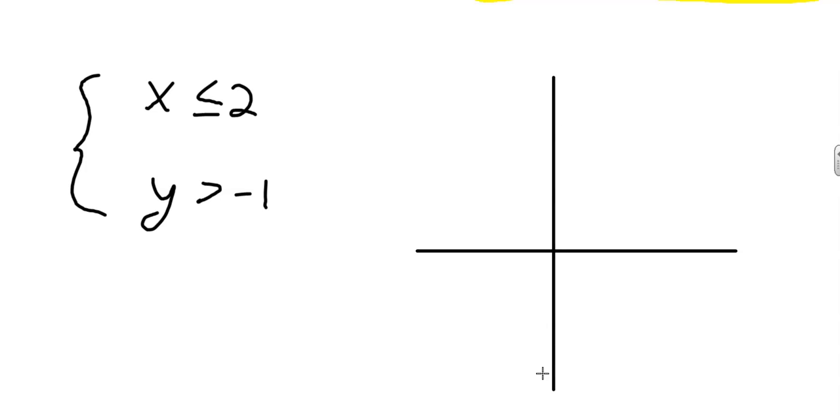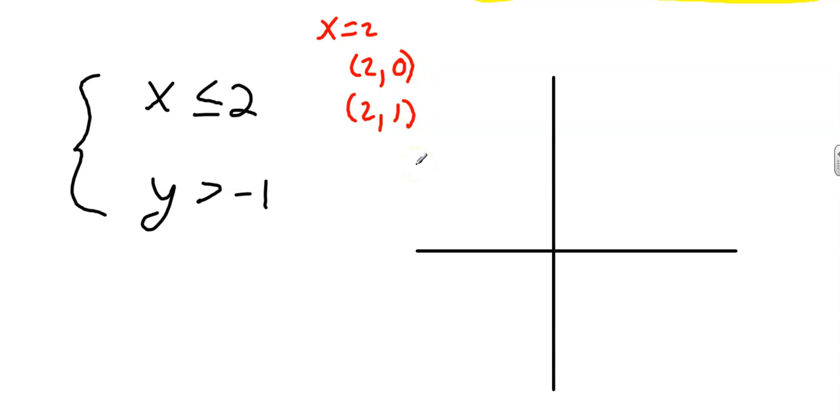Alright, so if it's x less than or equal to 2, that means your x value, now this is one you can almost kind of think, if you forget which one's which, think about this one as being x equals 2. If x is 2, you're going to have this. Pick 2 different numbers. It doesn't matter what y. y can be anything you want. So I would say pick like (2, 0) and (2, 1).